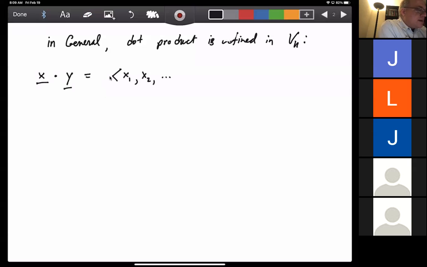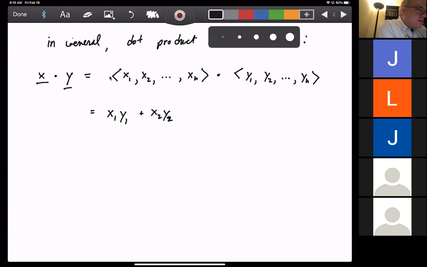Each of these vectors is going to have n components. The pattern for computing the dot product is always the same: you always multiply the pairs of corresponding components. So x1 times y1, x2 times y2, all the way up to xn times yn.